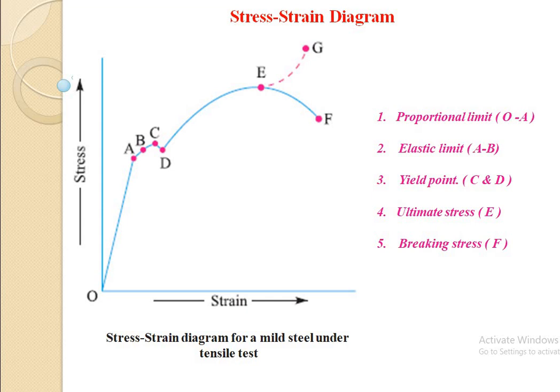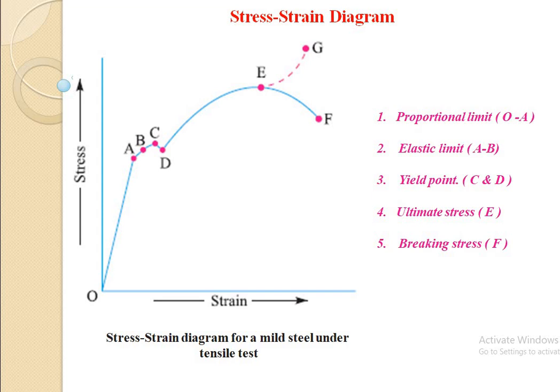The mechanical properties mostly used in mechanical engineering practice are commonly determined by conducting a simple tensile test, and by conducting this simple tensile test, we formulate the stress strain diagram.